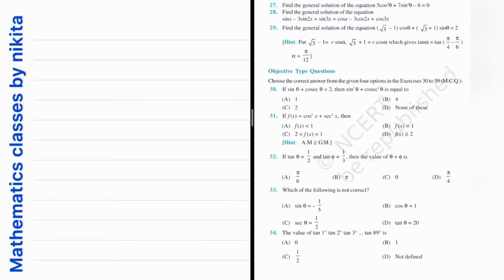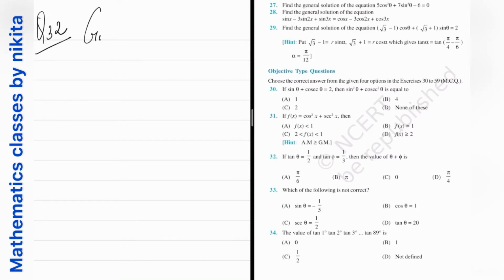Question number 32. If tan theta is equal to half and tan of phi is equal to 1 by 3, then you have to find the value of theta plus phi. So first option says pi by 6, then you have pi, then you have 0, and then you have pi by 4. So again, first let us solve this.